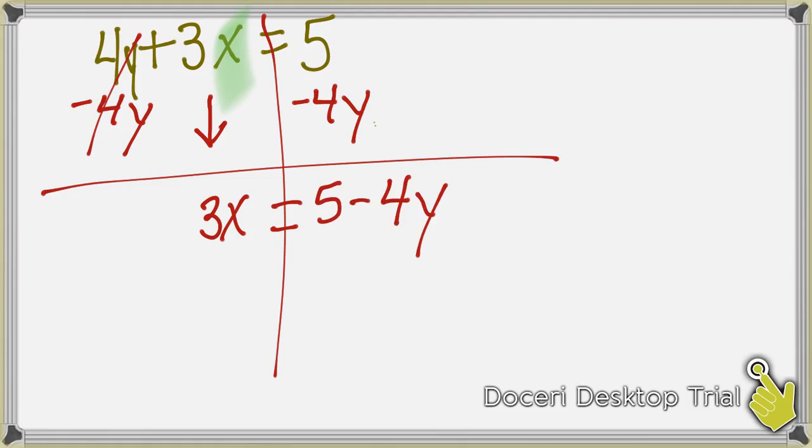Last but not least, we're trying to get the x by itself, and it's being multiplied by 3. So we're going to divide by 3. Again, we don't just divide one of the pieces by 3, we divide everything by 3.